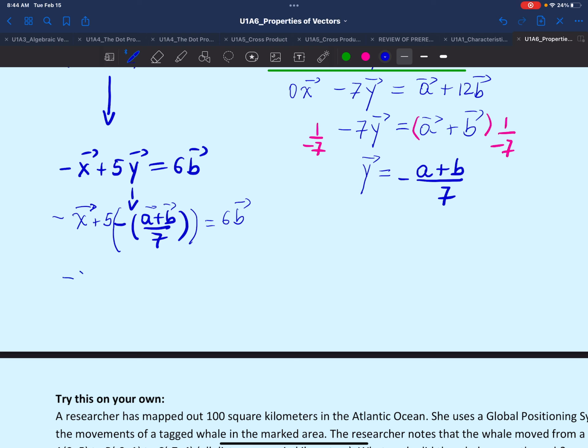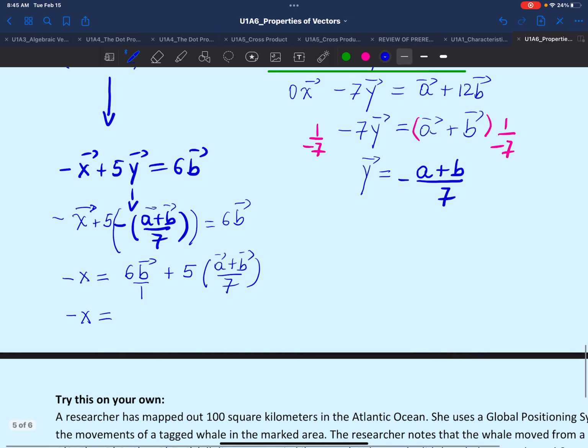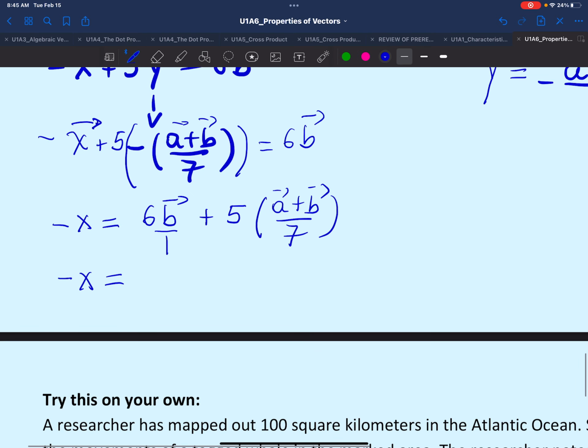So we have negative x equals, so we have 6b on the right side, and we're going to bring over the negative 5, which will become positive 5, a plus b over 7. So negative x equals, you want to make the denominators the same on the right side. So 7 and 1 have a common denominator of 7.